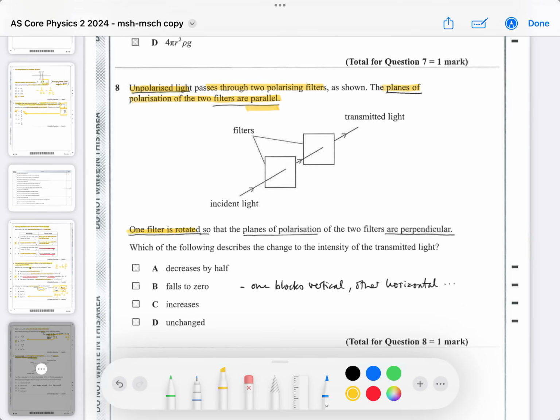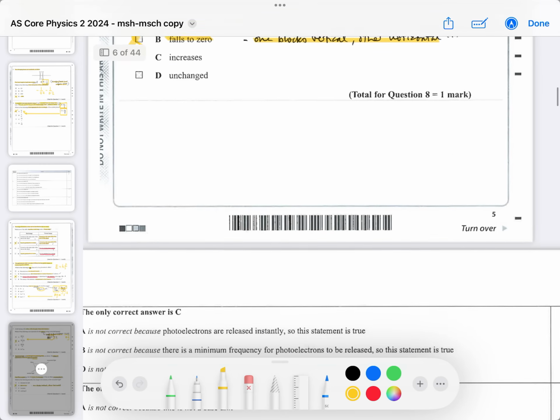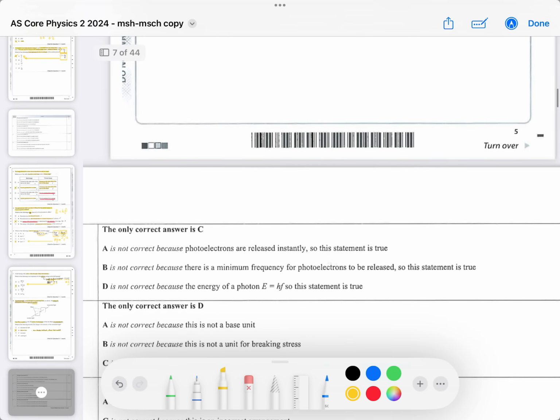One filter is rotated, so the planes of polarization are now perpendicular. So therefore one will block the horizontal components and one will block the vertical components. So you're going to end up with nothing. It's going to fall to zero. Okay? Before it would have been half intensity approximately. So it's B. That's the end of the multiple choice in AS Core 2.